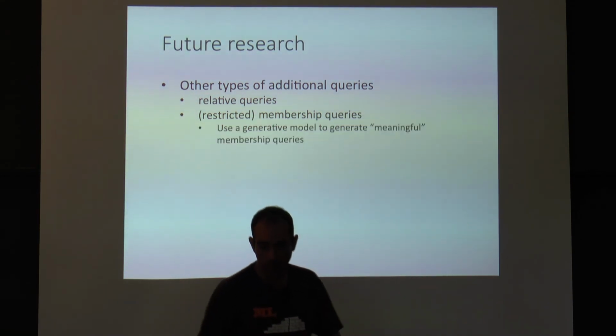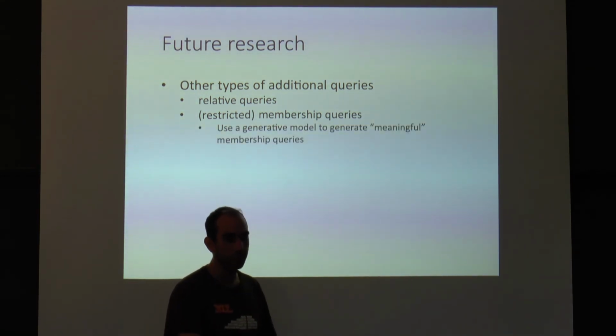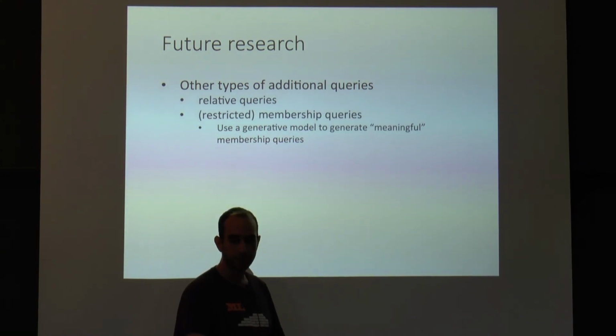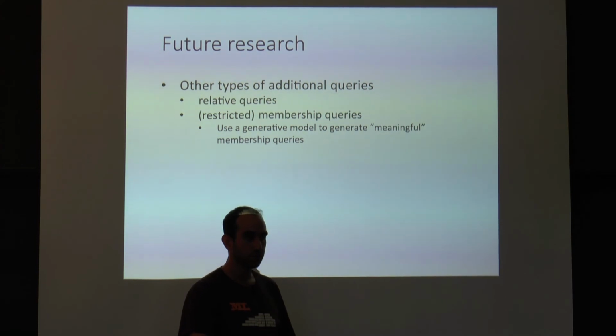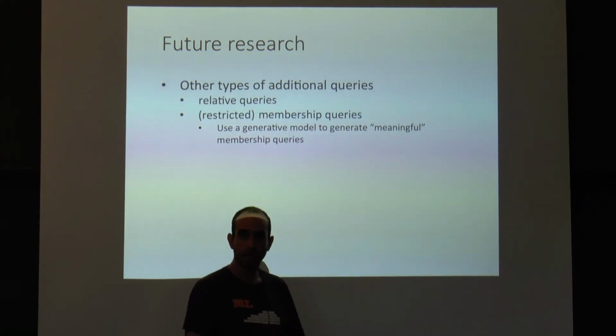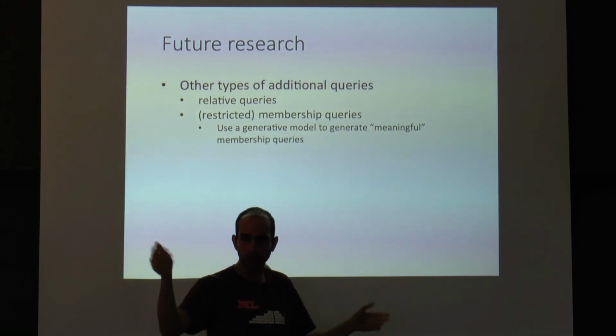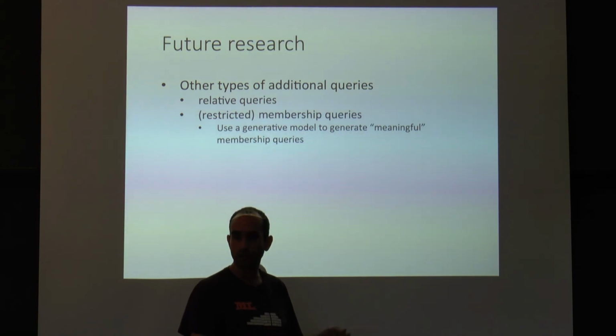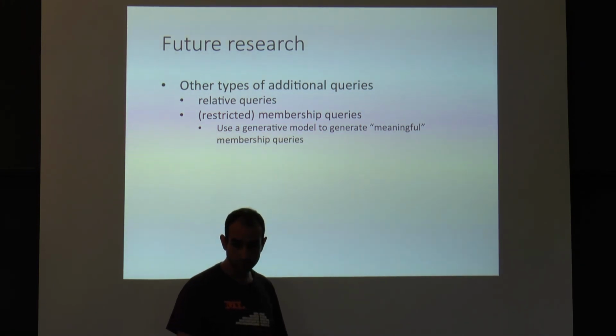But now, maybe when we have generative models like GANs, we can use them to generate meaningful membership queries. We can train a GAN, feed it noise, and it will presumably generate a meaningful membership query. So maybe we can utilize these generative models and justify again why theoretically it's worth studying membership queries.